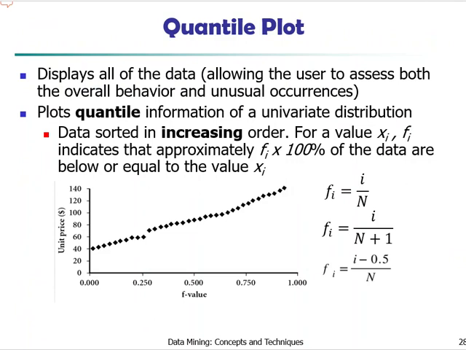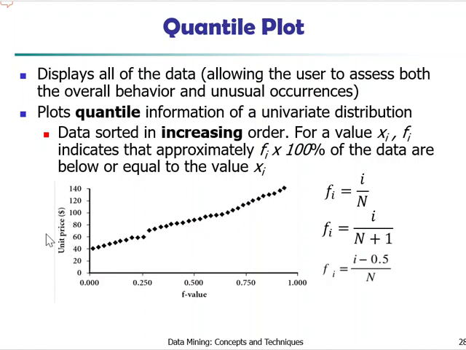A quantile plot conveys information that's very similar to a box plot, the 5 number summary. However, it gives you a little bit more detail than the box plot because it allows you to display all of the data points. So here we have one variable, unit price.